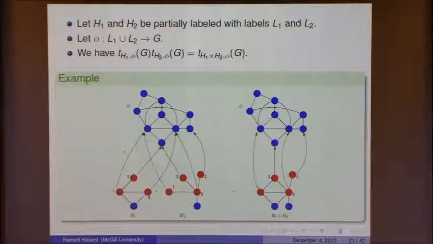And again, on both sides, I'm just looking at the probability that all these adjacencies between blue vertices and also between blue and red vertices are mapped correctly. It's a very simple observation, but it shows that this definition that we had is a good definition for a product.